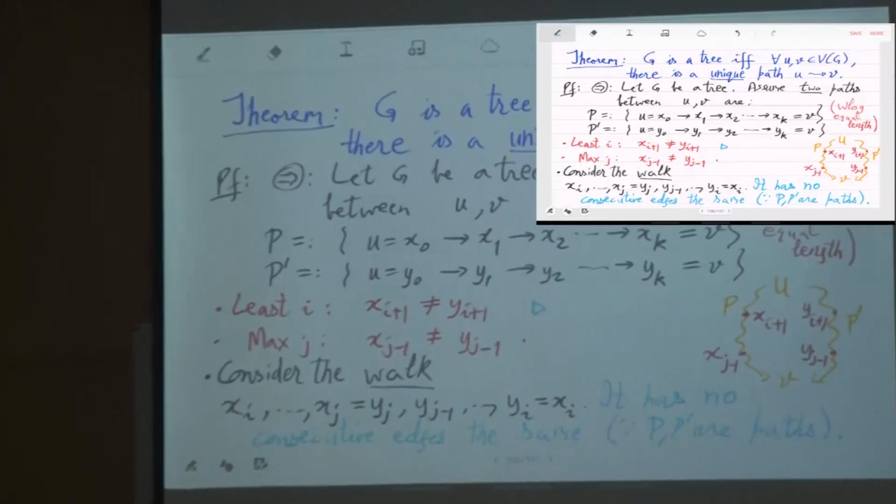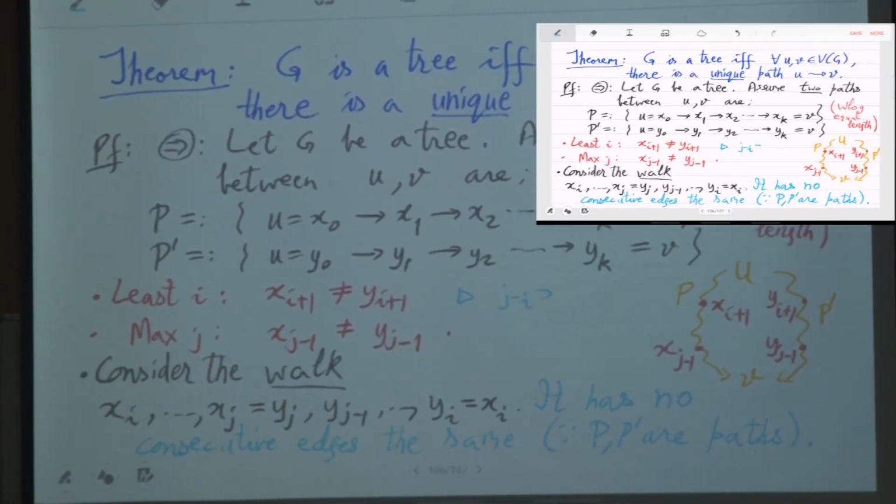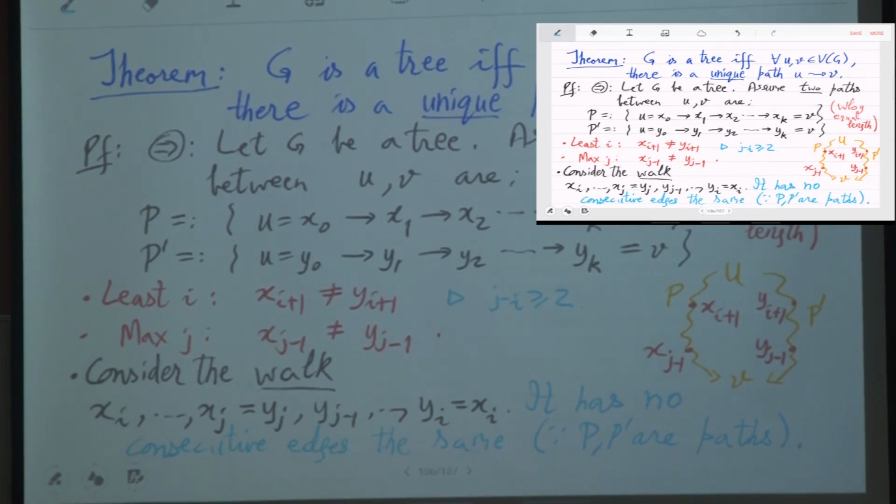So basically we want i and j to be separated enough, j minus i greater than or equal to 2.